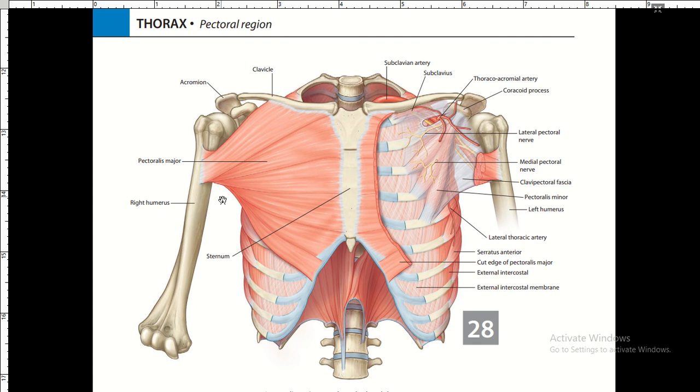And then if you are going to do it in the mid-axillary line, you are not going to pierce the pectoral muscles. You are going to pierce the serratus anterior. Take note of this. The pectoralis major ends at the anterior axillary line. So here we are talking about the mid-axillary line.